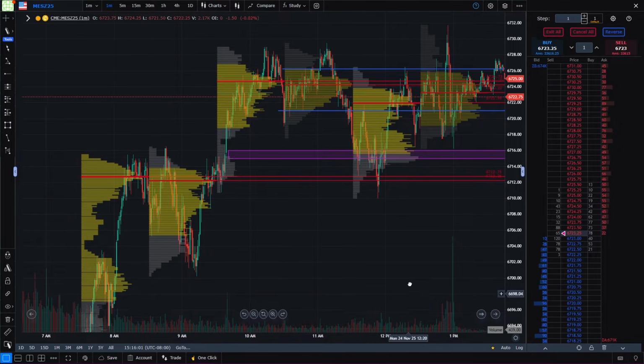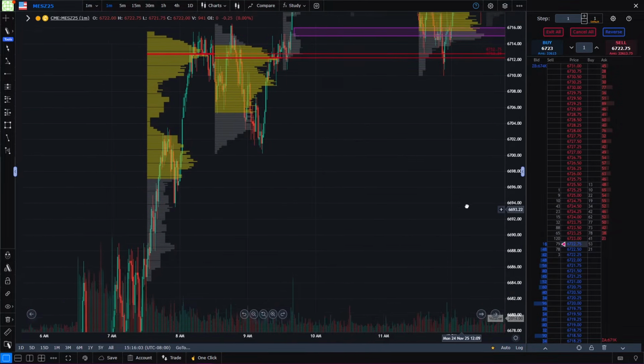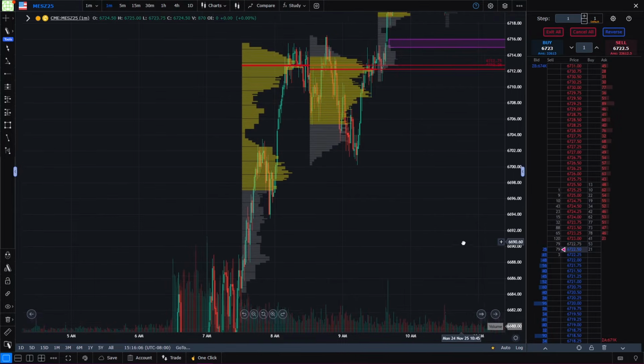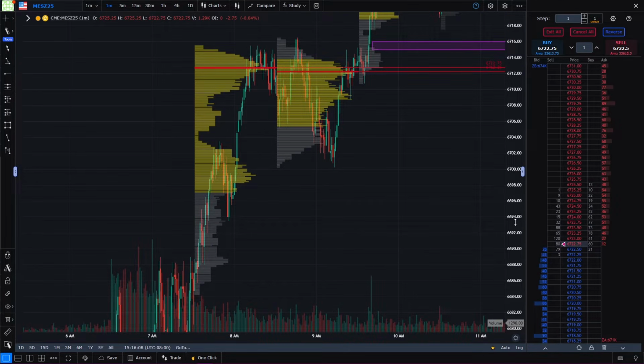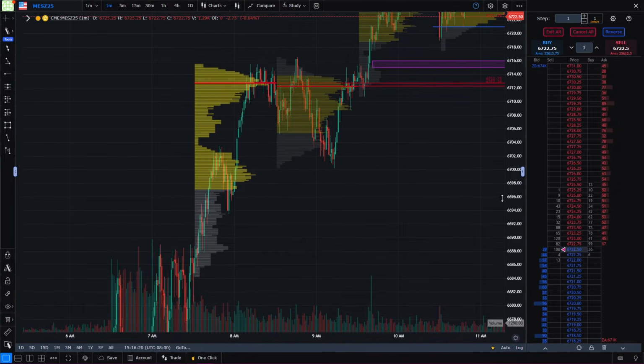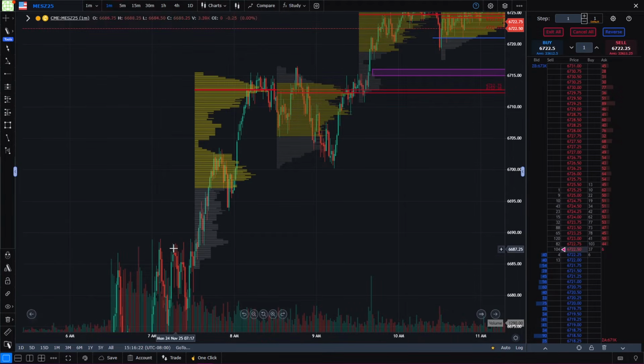Now, if we go to a different volume profile, let's take this one. We can see that there are high volume nodes here, a low volume node, another low volume node, and then a high volume node here. So what this is telling us is that when price broke out of these highs at around 66.88, price started to move up.